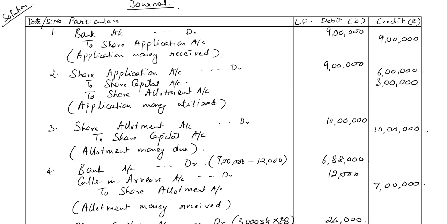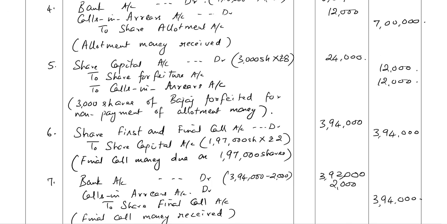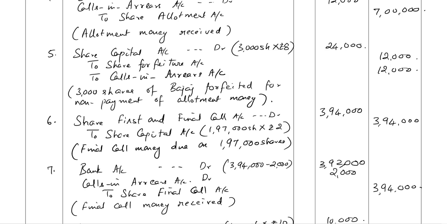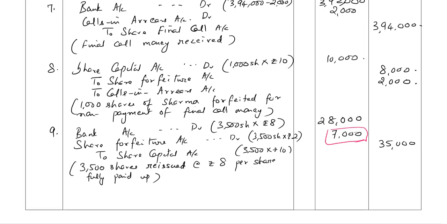These are the journal entries, the first screen. The second screen. The third screen. And the final screen.